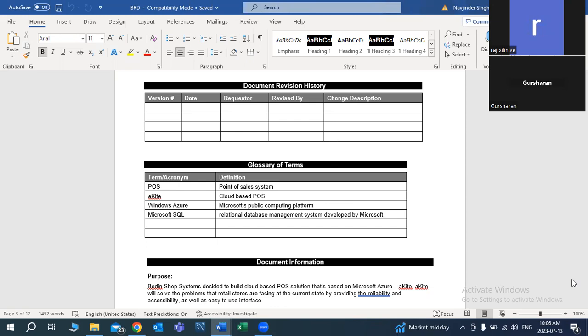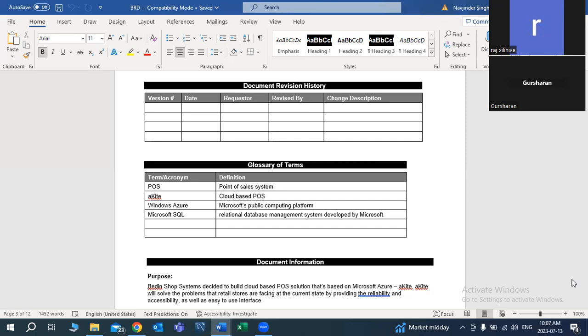So when we are working on any business requirements document, it is always better to have the document revision history separately. It helps us understand the changes we have made in the existing document over a period of time.